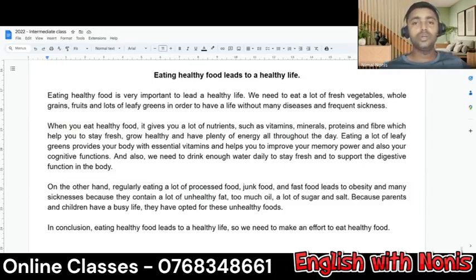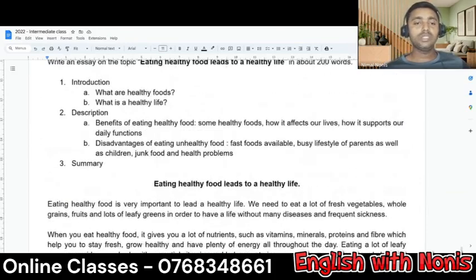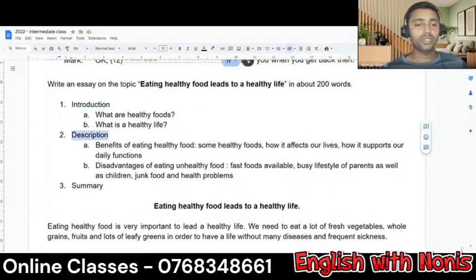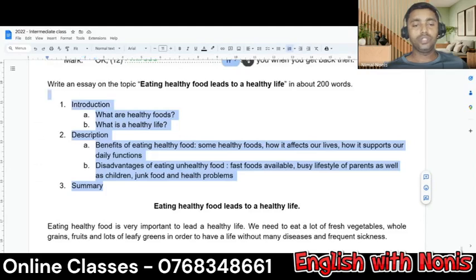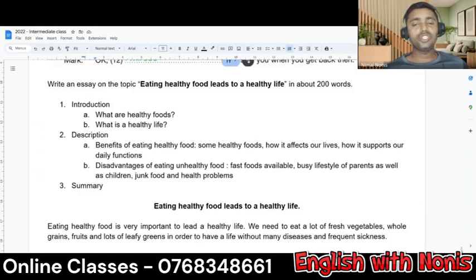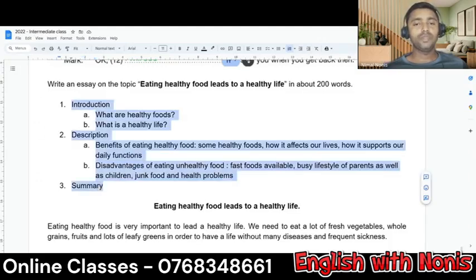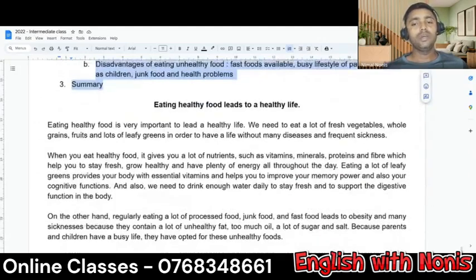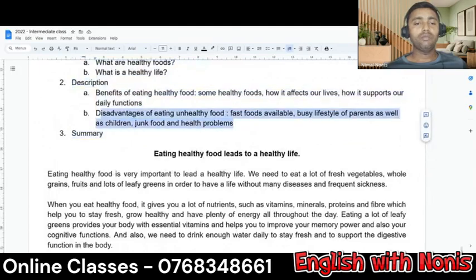Now you know the structure. The structure of an essay is: introduction, description, and then summary. And I told you all now, always when somebody asks you to write an essay, you need to do this sketch work. This is called the outline. You have to prepare this outline: introduction, description, and summary. And you need to mention what are the things that you are going to mention under each section of the essay. In the outline itself, you need to include those things. Then you write the essay. So you all can see, I have done this sketch work.